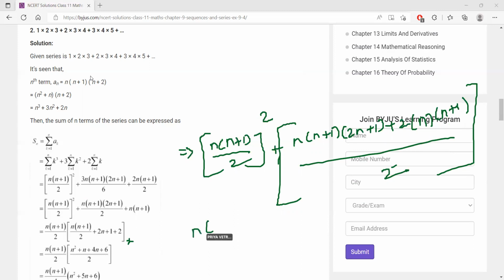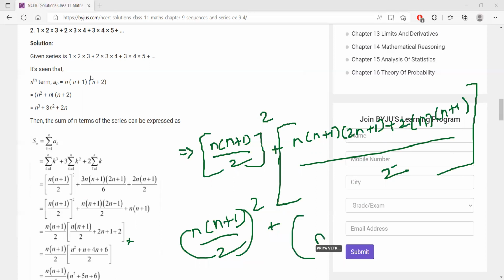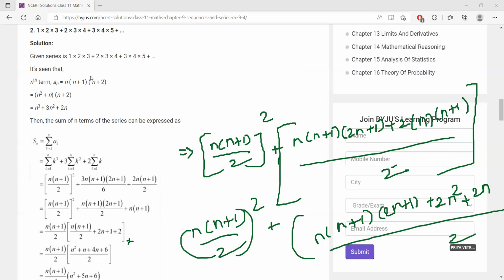So n into n plus 1 divided by 2 the whole square. Thus, it's n into n plus 1 into n plus 1, 2n into n plus 1, which is 2n square plus 2n, divided by 2.